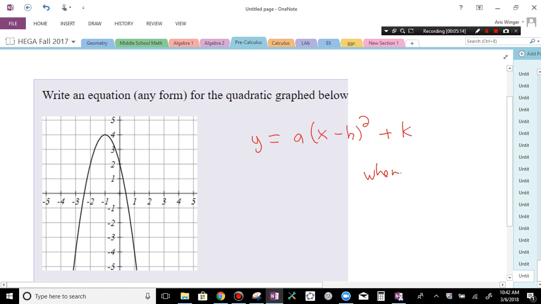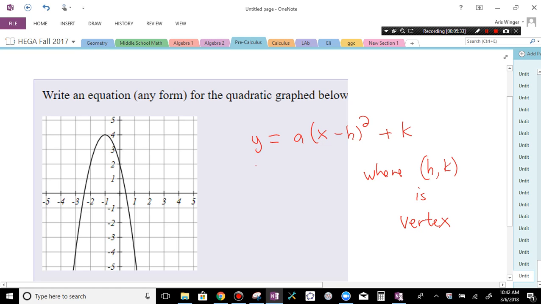Where h and k are the what? Points on the graph. Yes, that's right. What special point on this graph is it called? Begins with a V? The vertex.